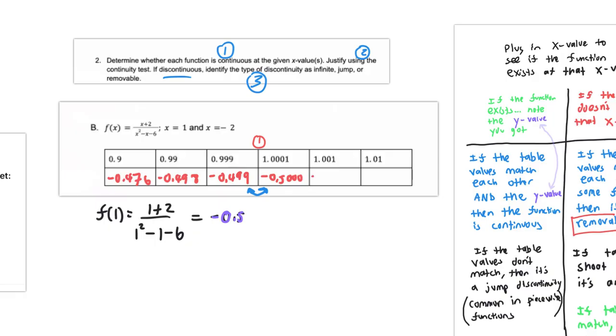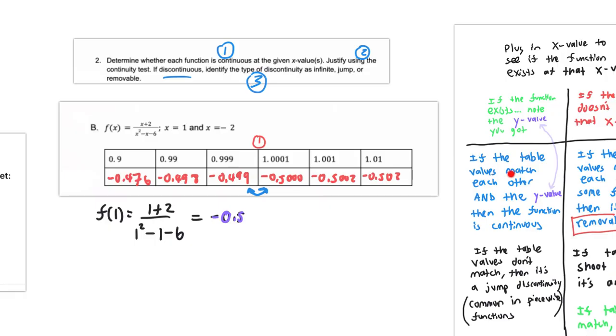The next one is -0.5002, and the next one is -0.503. As you can see, the y values from the right are getting closer and closer to -0.5. So the bottom line is these two match.